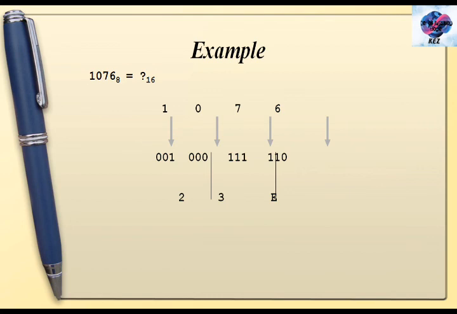If I make it 4 order, then it will be converted in such a way 0, 1, 1, 1, that is E. Next 1, 1, 0, 0, that is 3. Next 0, 1, 0, 0, that is 2.